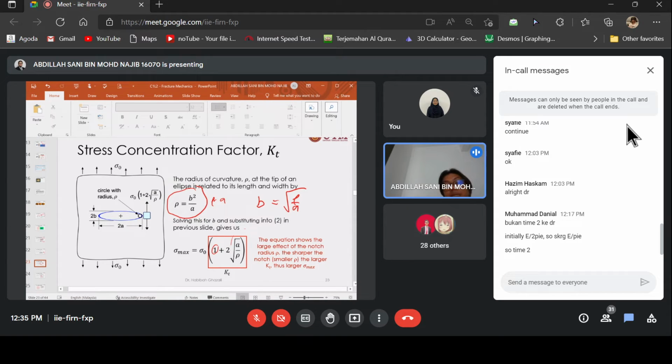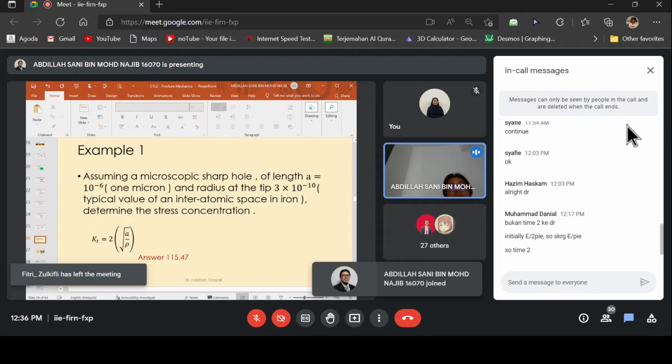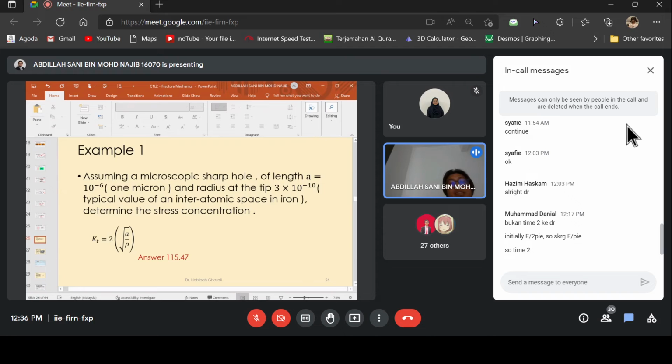Example number 1. Assume a microscopic sharp hole of length a equal to 10 to the power of negative 1, which is 1 micron, and the radius rho at the tip is 3.3 times 10 to the power of negative 10.